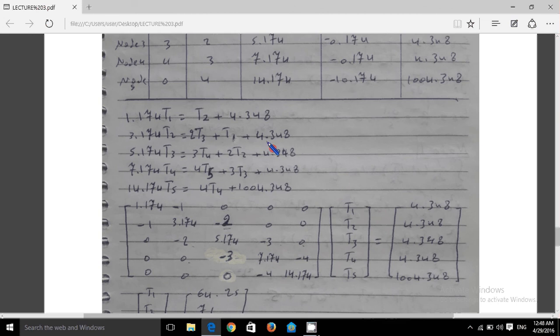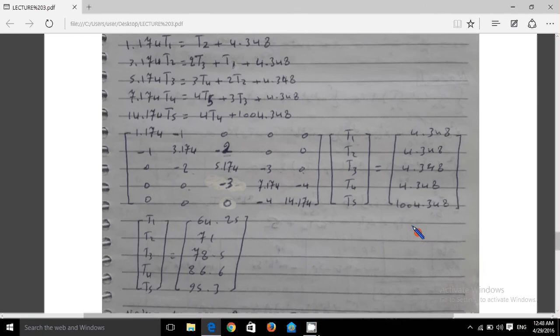When I write this equation in a matrix, multiplied by the temperatures that I want to find, it is equal to the B matrix, which is the source. I will find the result.